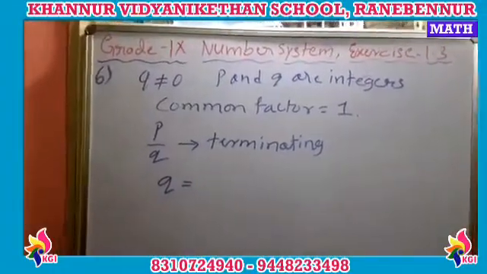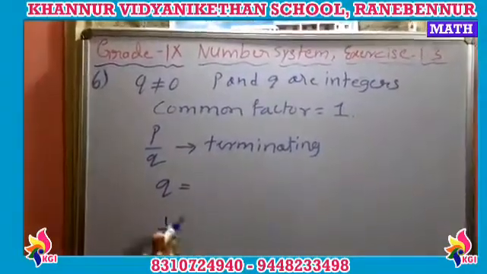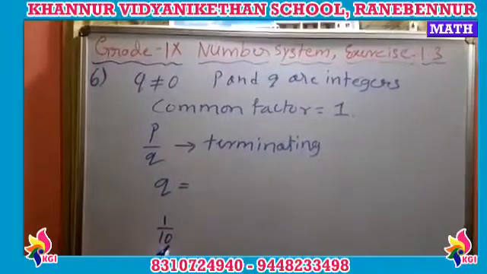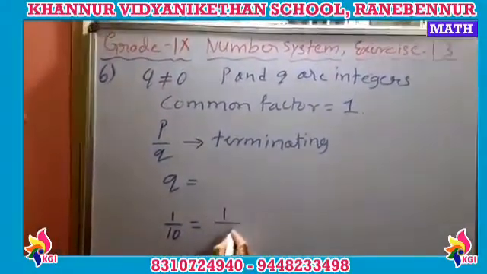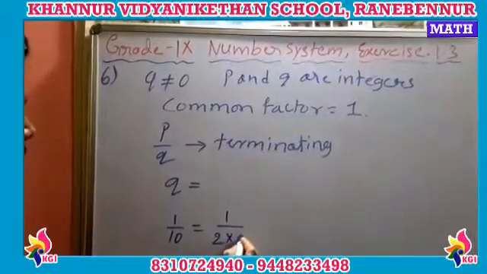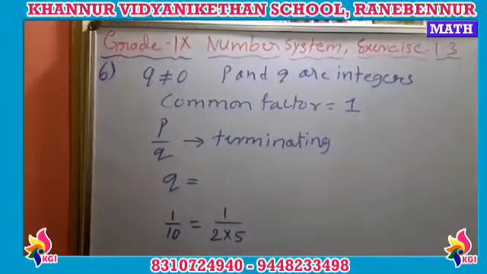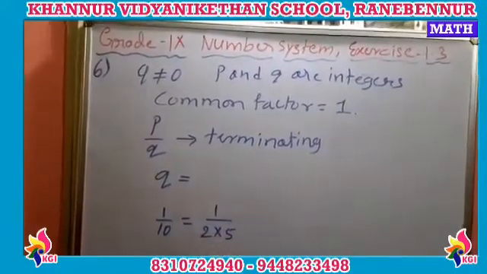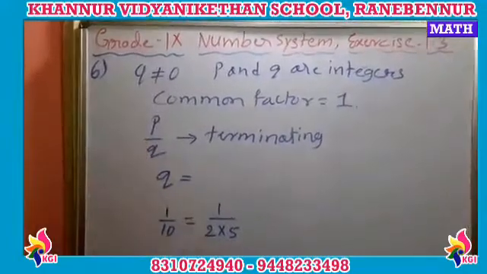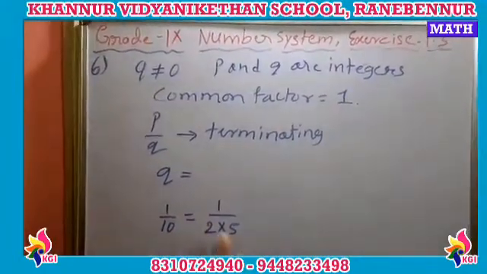If I take one rational number like 1 divided by 10, it is a rational number, but I can write this as 1 divided by 2 into 5. 2 has power 1 and 5 also has power 1. So 10 should be a multiple of 2 and 5 only.